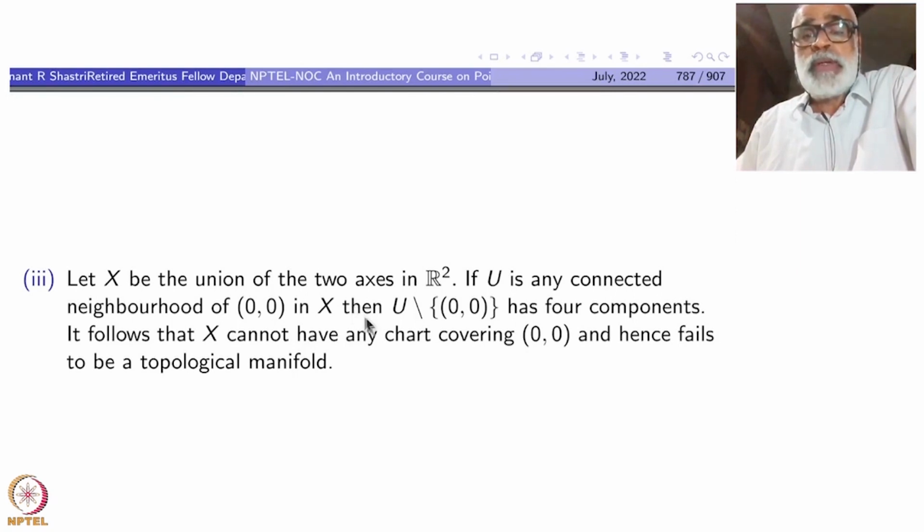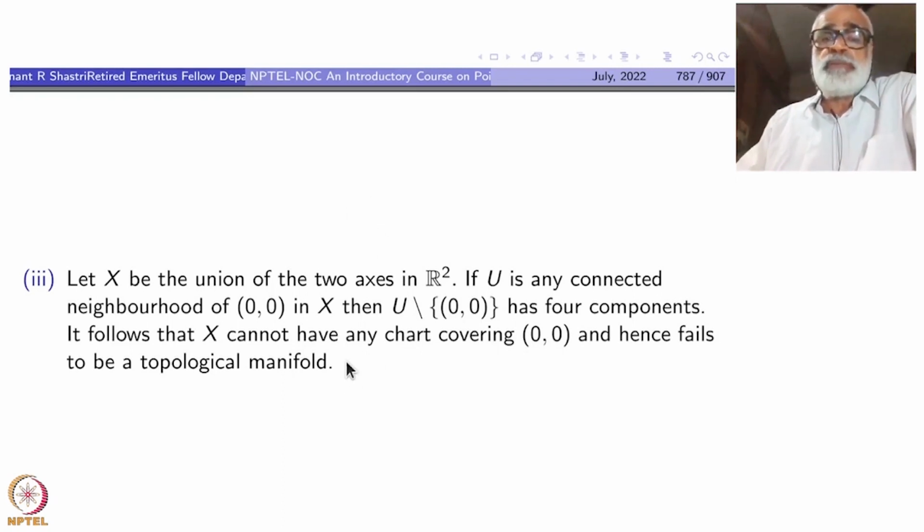So it cannot have any chart covering (0,0) and hence fails to be a topological manifold. Everywhere else except the intersection point (0,0) you have neighborhoods homeomorphic to open intervals, but at that point you don't have.